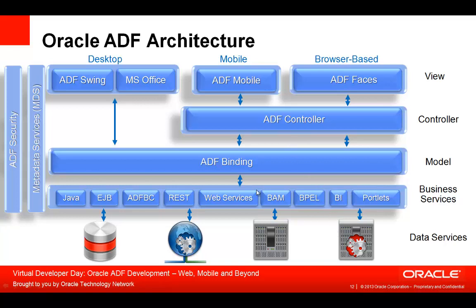In terms of business services that can be used in your application, we can leverage any Java file or Java class, EJBs, REST and SOAP services, ADF business components, BEM, BPL, worklist, portlets, BI components, and many other sources of services and processes that are all exposed through a unified binding layer, making it easy to use each one of those services in your various UI layers.